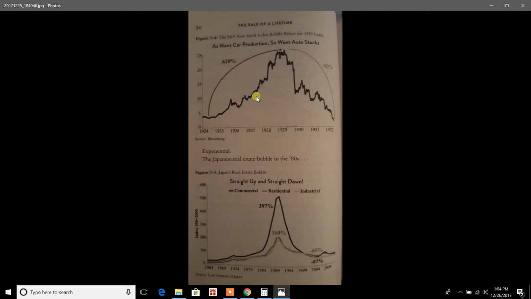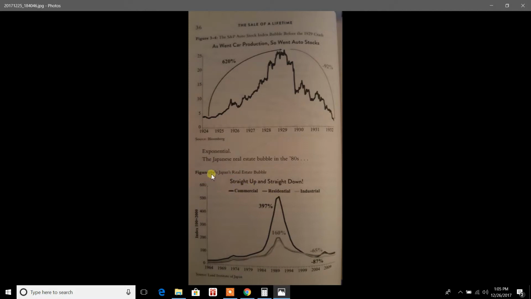That's at the very top of the chart here. In 1924, we went all the way up 620%, roughly around 1929, and then we dropped off from 1929 to 1932 with a 92% fall in price. Okay, so if you would have bought in up here at the top during that time frame, you would have lost a ton of money. You pretty much would have gone broke, and a lot of people did.